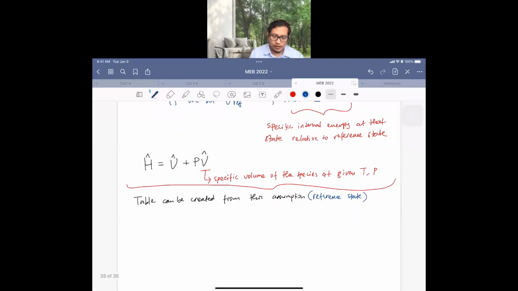If you look at table B7 for water vapor at 400 degrees Celsius and 10 bar, we will get a specific internal energy of 2958 kilojoule per kilogram, according to your appendix in the textbook.